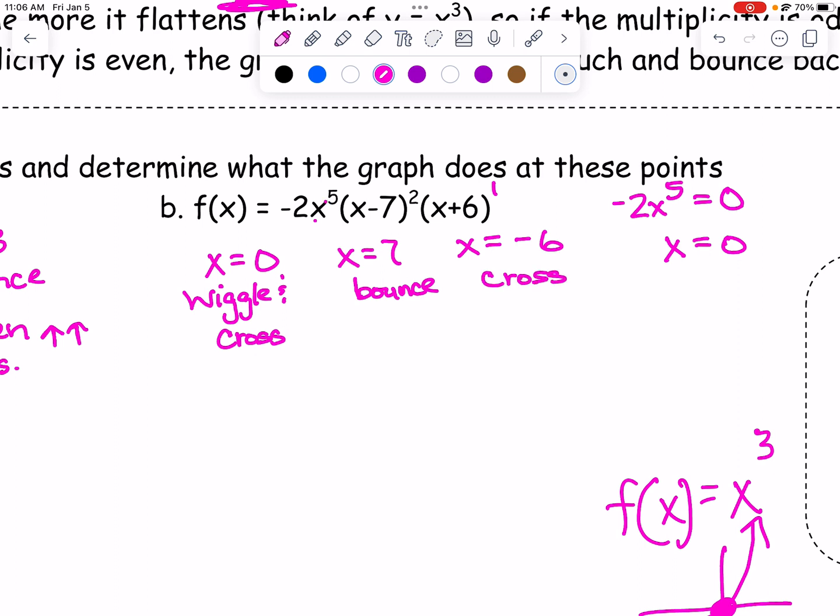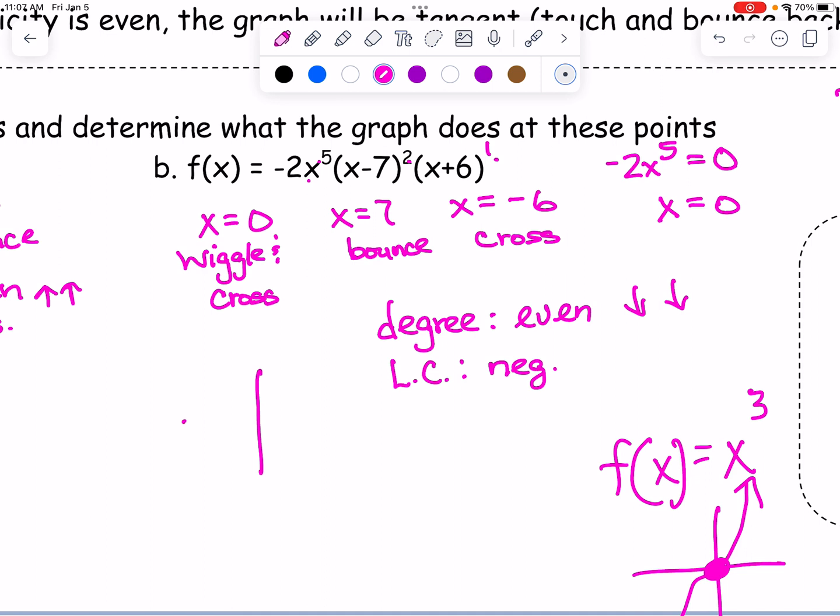This is 5, 7, 8. This degree is even, and our leading coefficient is negative. That means our ends are going to face down.